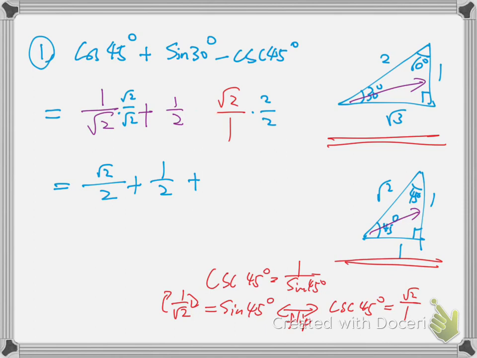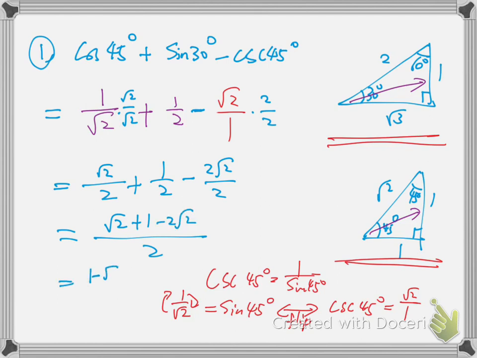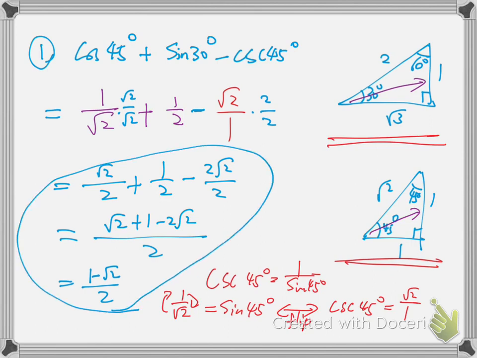I put the wrong sign. So it's minus 2 radical 2 over 2. Now you get the same denominator. So radical 2 plus 1 minus 2 radical 2. So this is 1 minus radical 2 over 2. So simplifying or combining the ratios is optional. So that's number 1.